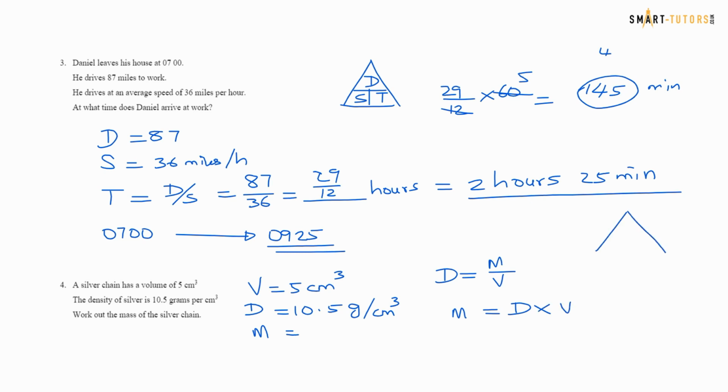If you put the triangle law, density equals mass over volume. So mass is the question, density times volume. So density is 10.5 times 5. That is the answer, 52.5 grams. That is the answer for question number 4.